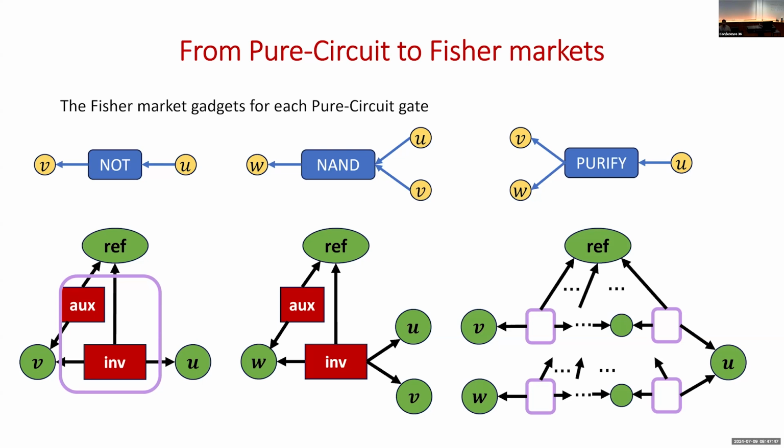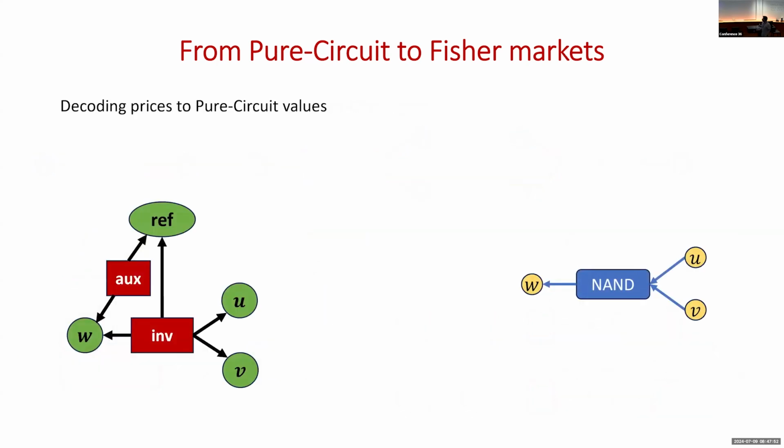I will not go into details about the correctness of the gadgets, but I'll just show you how the decoding happens. We have made a Fisher market out of a pure circuit by simulating its gates. Then we want to go from a solution of the market to a solution of the pure circuit. This is how the decoding happens. Suppose that you have these NAND gates and a good here, let's say U, and we take the price of the good in an equilibrium.